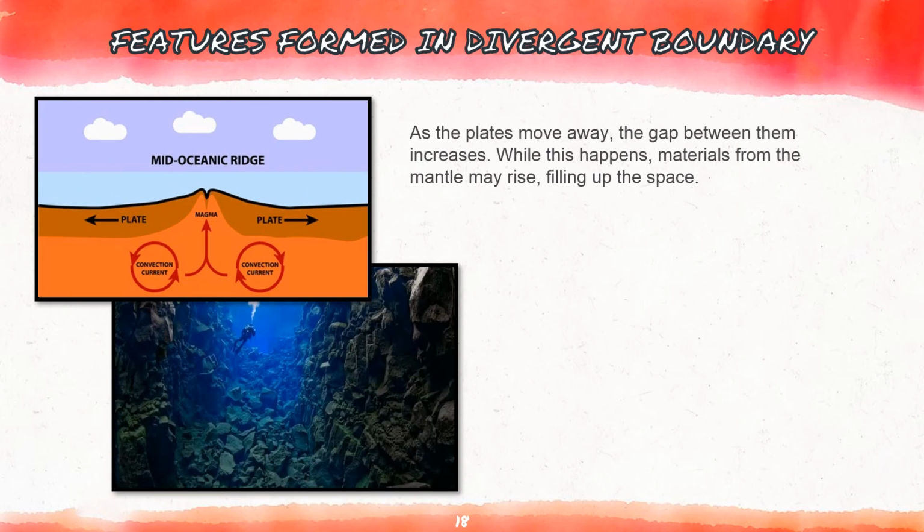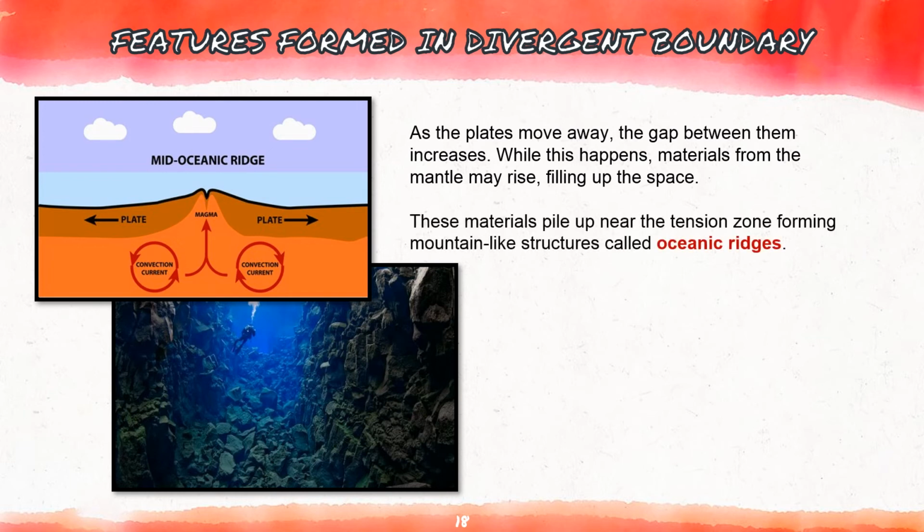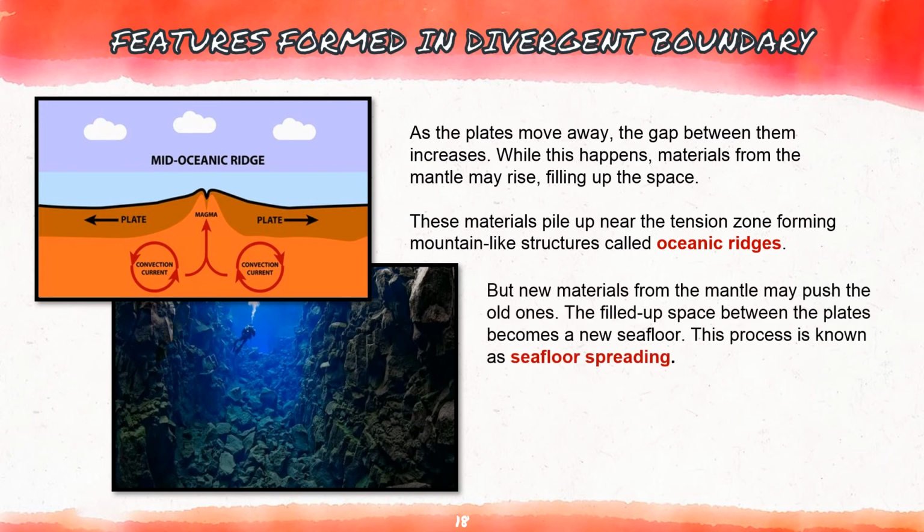Another feature is what we call the mid-oceanic ridge or the oceanic ridge. As the plates move away, the gap between them increases. While this happens, materials from the mantle may rise, filling up the space. These materials pile up near the tension zone, forming mountain-like structures called oceanic ridges.